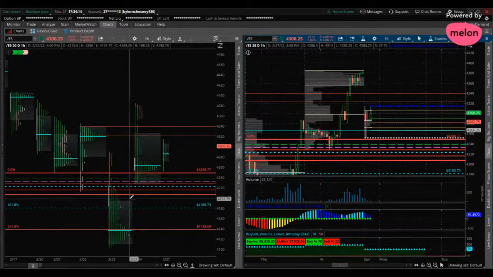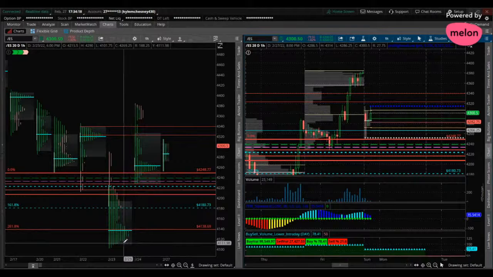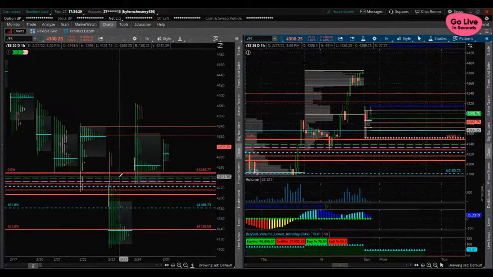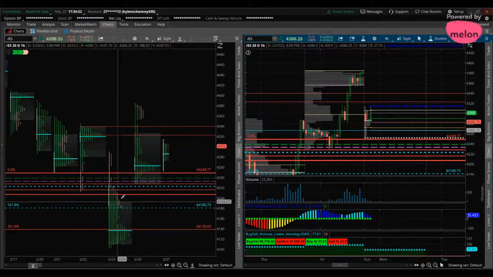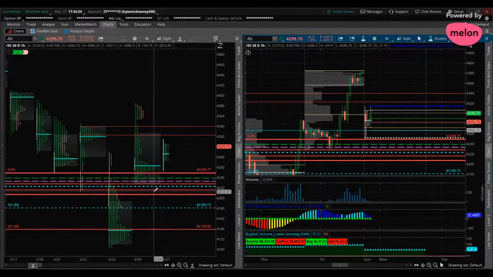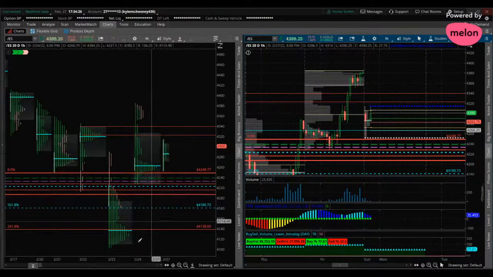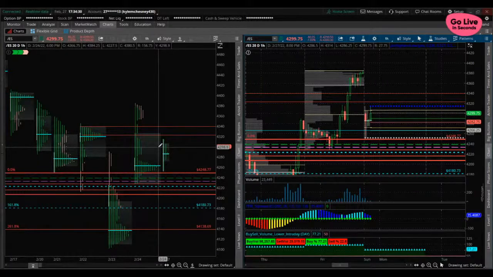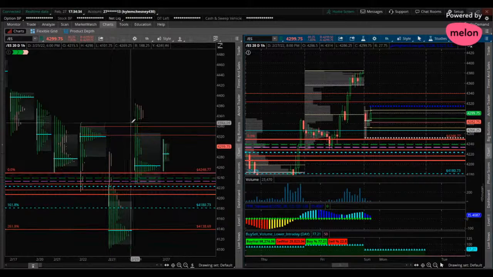Anything above the gray area shows we're above value, anything below it shows we're below value. Whenever we see that occur, it typically means we're going for a continuation to the upside or the downside, whichever way we're breaking out of the value area. So yeah, that's what we can look at here. We can see that happens here, and then we go up, and then here's the same thing.